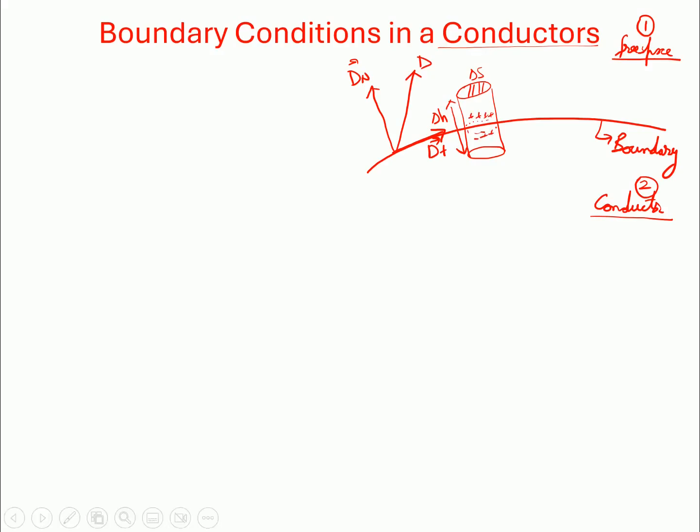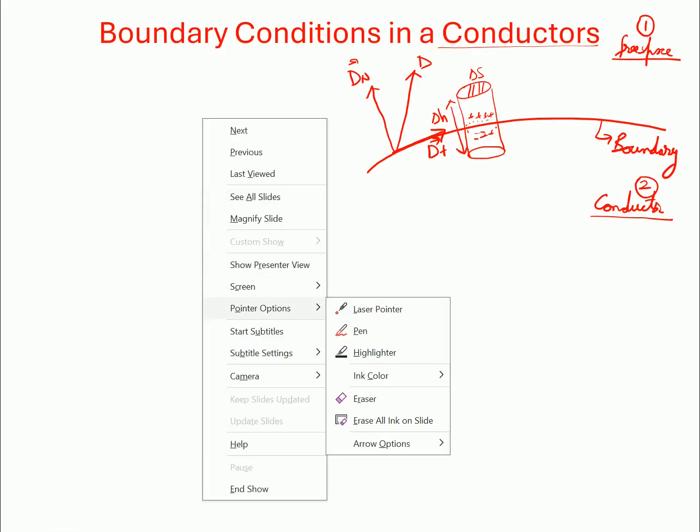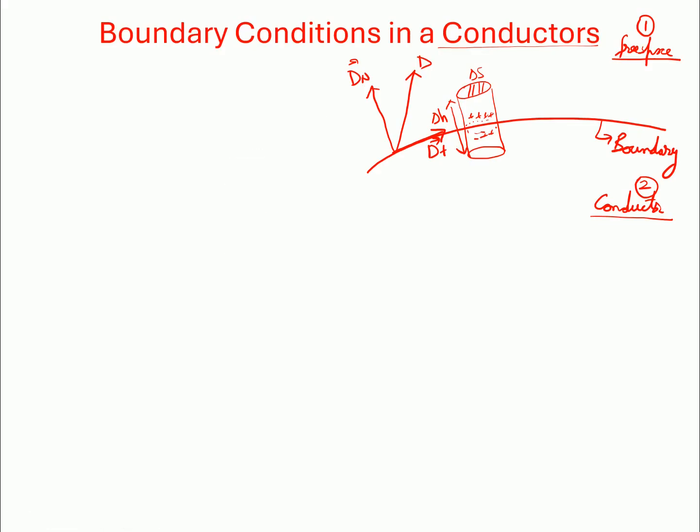On the other hand, let us take the electric field as well. The tangential component of the electric field is as such, E of t. The normal component is over here, E of n, and the original E vector is as such.